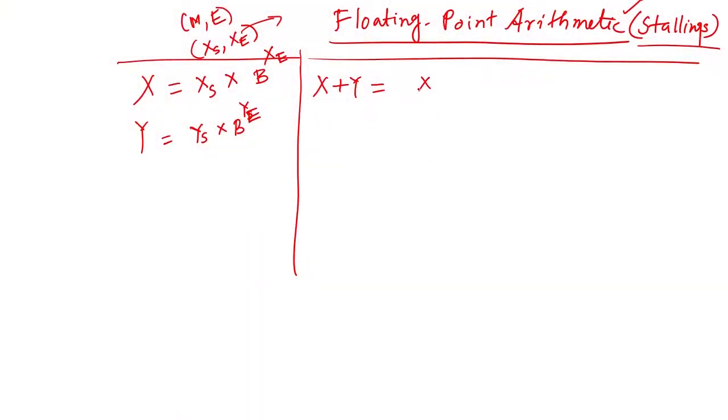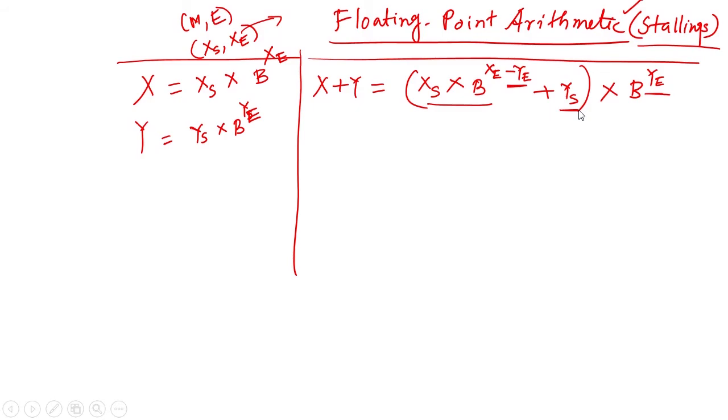Therefore, we can either represent the number in the exponent of the smaller number, or the other way, in the exponent of the larger number. So x plus y is s_x times b to the power (x_e minus y_e) plus s_y, times b to the power y_e.